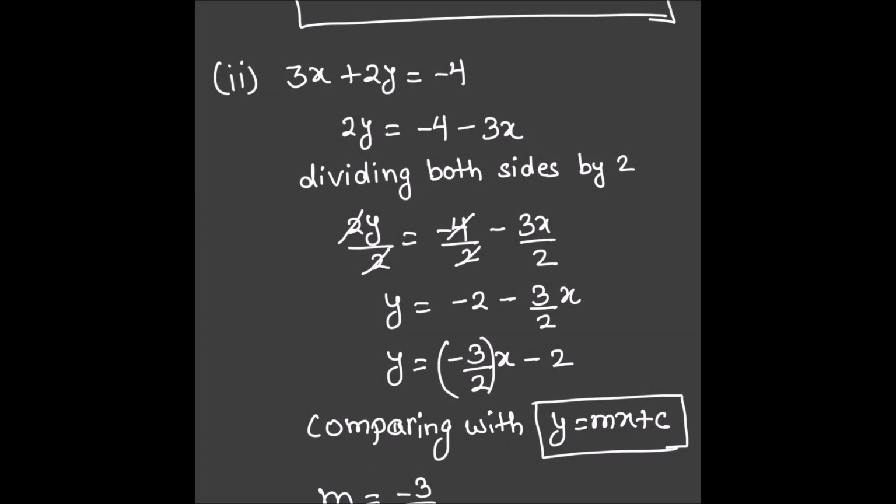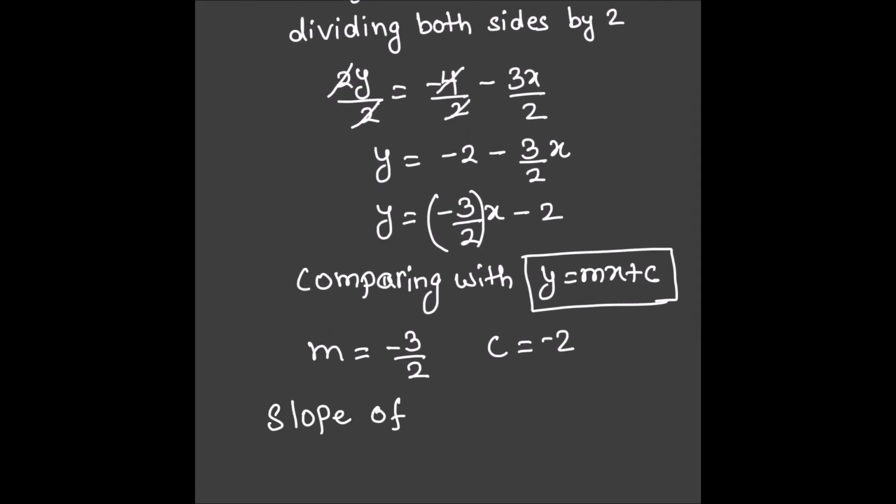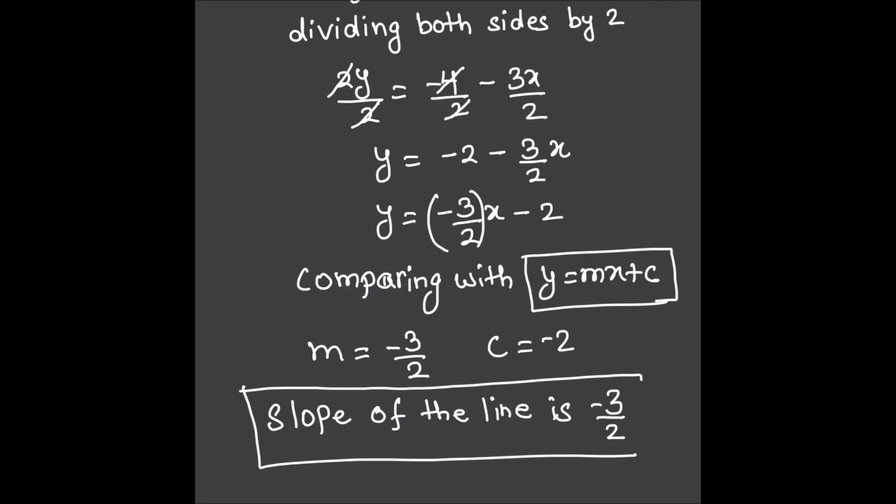So negative 3 by 2 will be m, which is the slope, and negative 2 will be the intercept, which is c. So the slope of the line is negative 3 upon 2. This is our final answer.